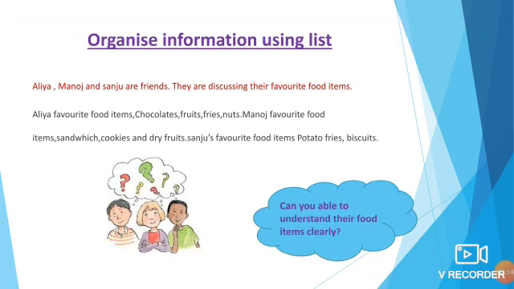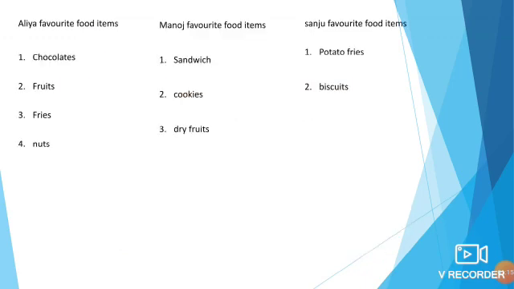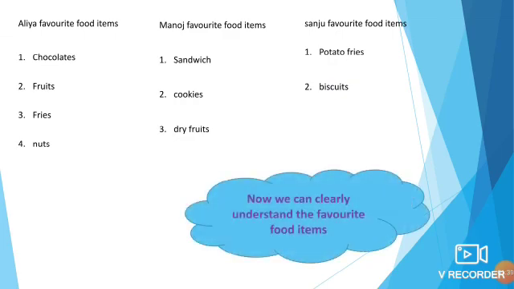Okay, so now you can see here. Can you tell me now what are Alia's favorite food items? Yes, you can tell by seeing it clearly. Chocolates, fruits, fries, nuts. Okay, and Manoj also. So now we can clearly understand the favorite food items, isn't it, children?